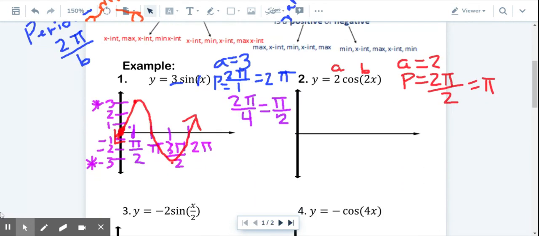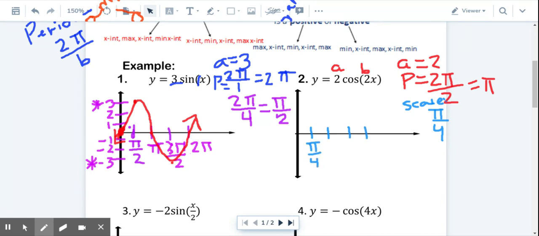Divide the period by 4 to get the first number of your x-axis. So we are going to take our period, which is pi, and divide that by 4. There's nothing to simplify. My scale is pi over 4. So if you want to label that as scale, 1, 2, 3, 4.